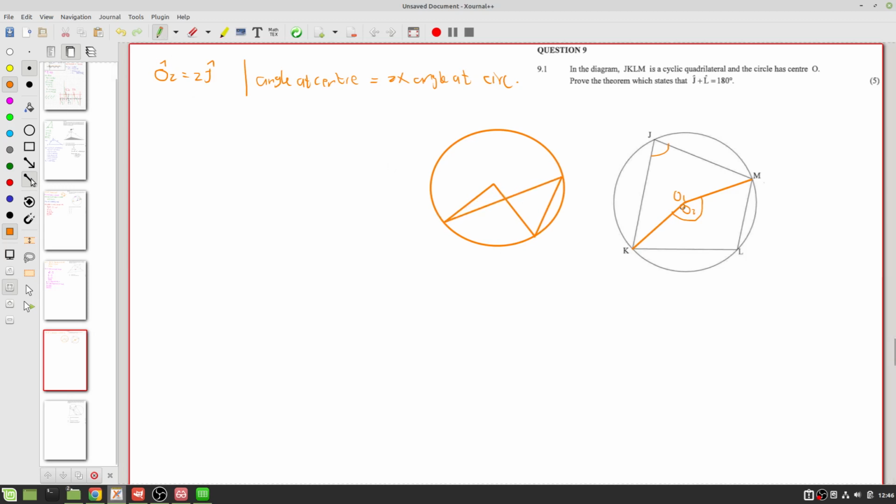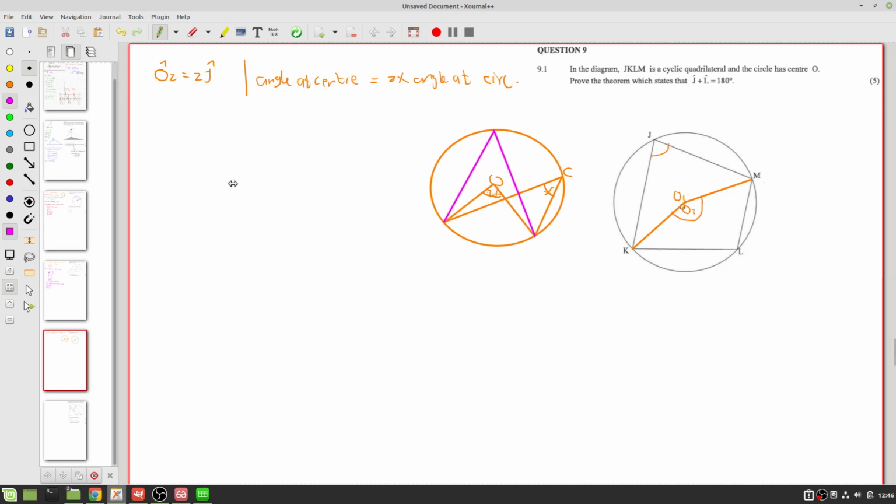Then we know that the angle at the center, this angle, is double this angle. Angle at the center is double the angle at the circumference. So if this was x, this would be 2x. And you can draw it anywhere. Let's use another color and draw from the same point, to there where it maybe looks a little bit easier.